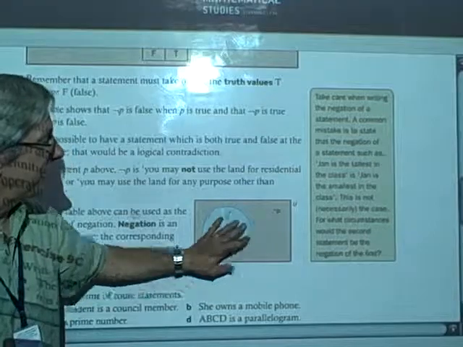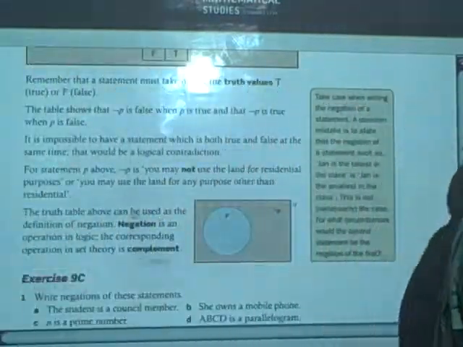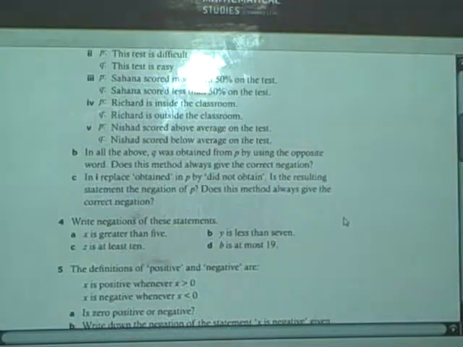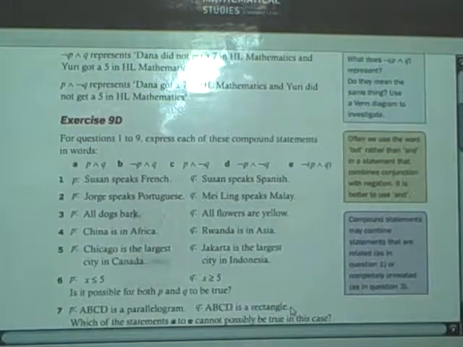The complement of a set is very similar to the negation of the statement that corresponds with it. That's 9C. Let's go up to 9D. There's 9D.